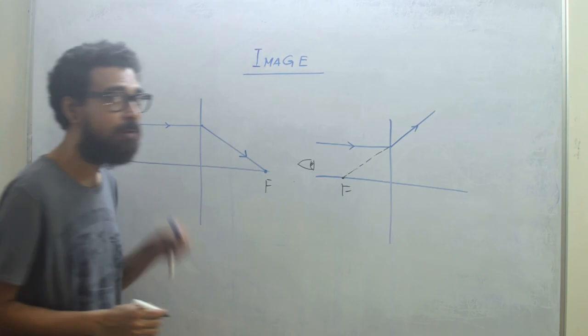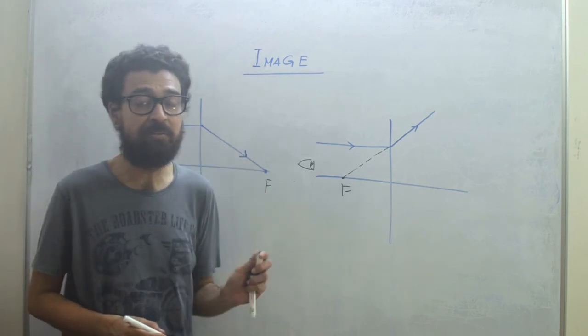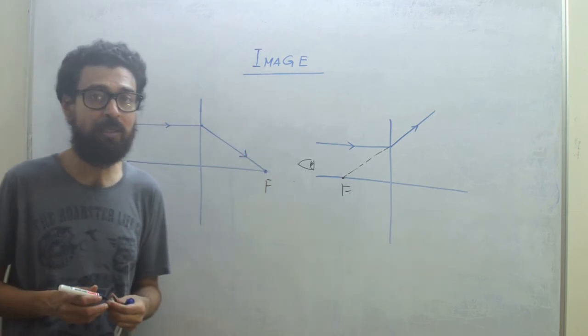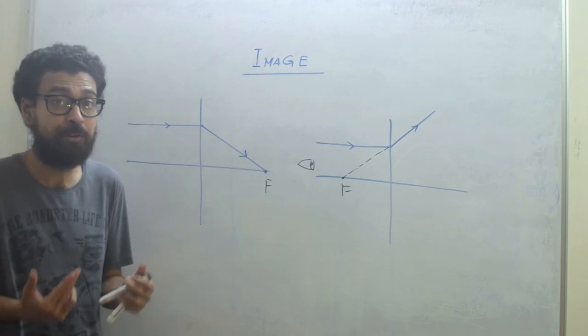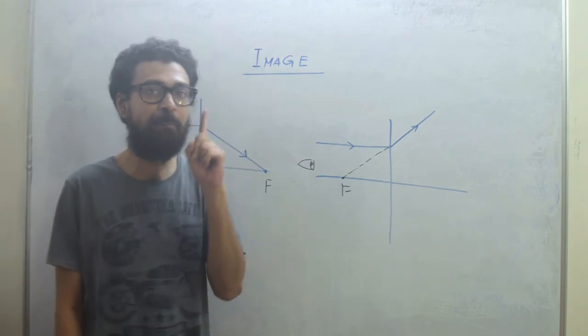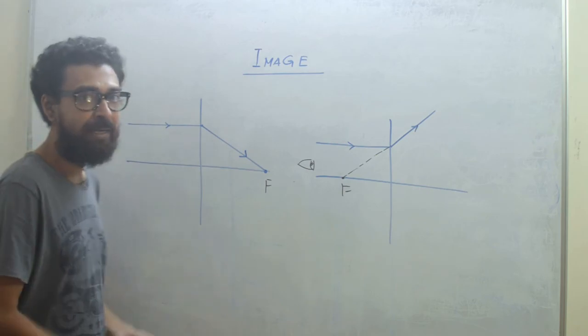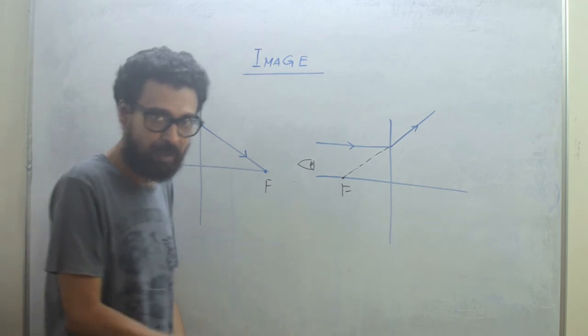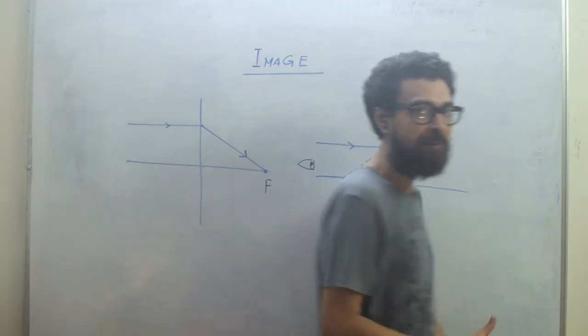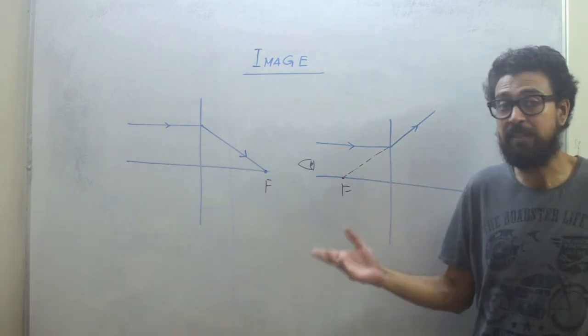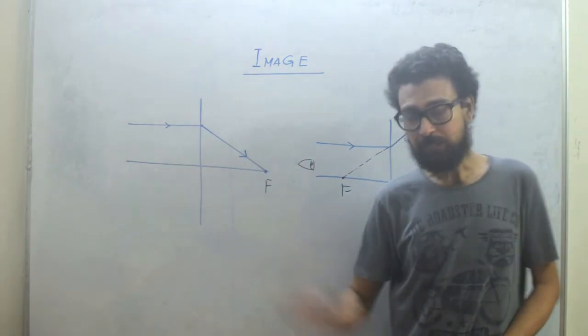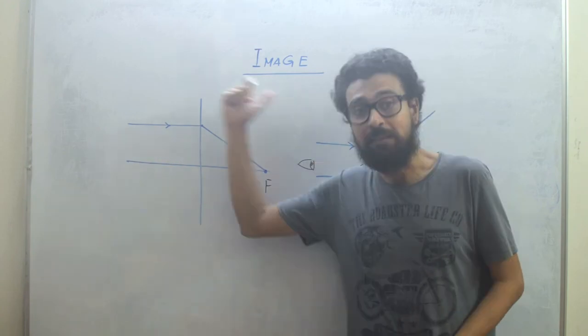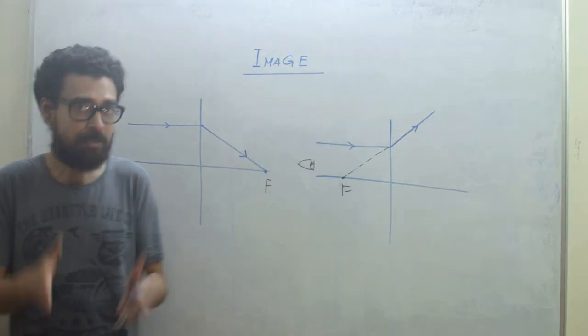Remember one thing, all of you, this is very important. Usually I've seen students have a confusion in the case of mirror. Your real side is where you are standing. In physics, we always keep the object to the left of the lens or mirror.